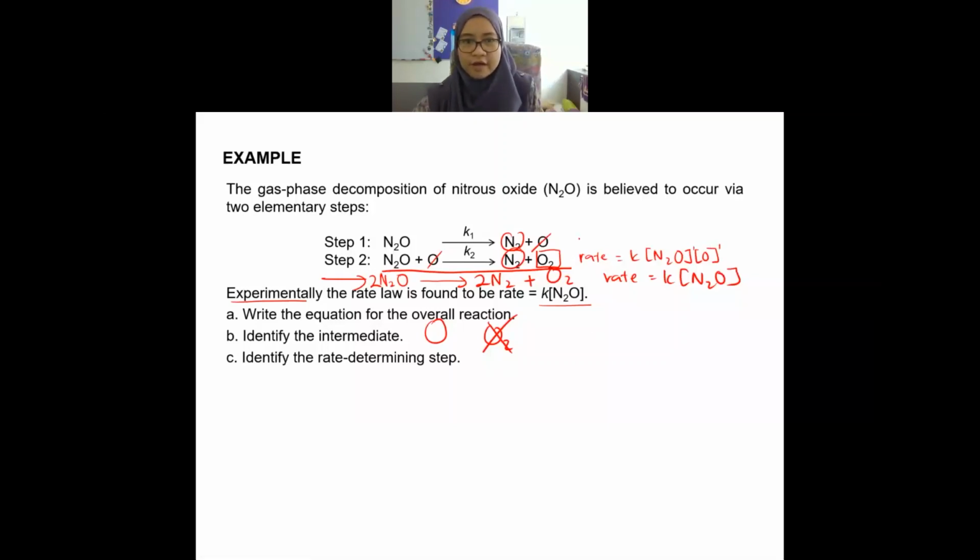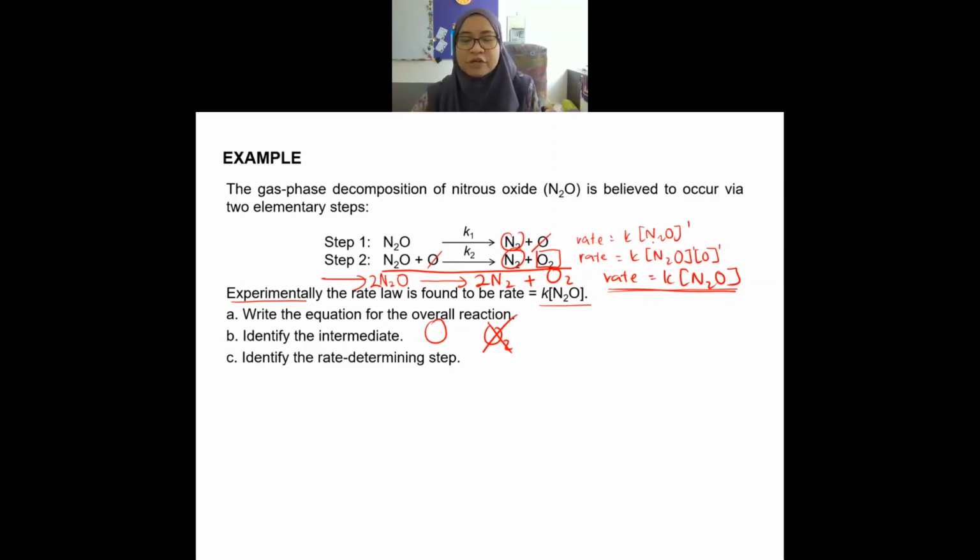Right? How about for step number 1, rate is equal to K and 2 O to the power of 1. So which of these two steps has the same rate law as the overall, guys? The same rate law as the overall. Step number 1.